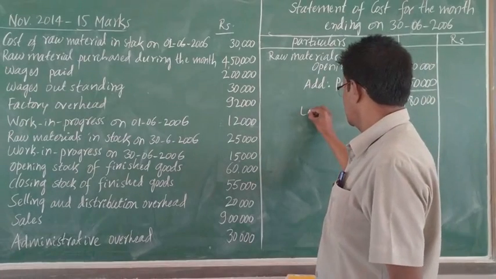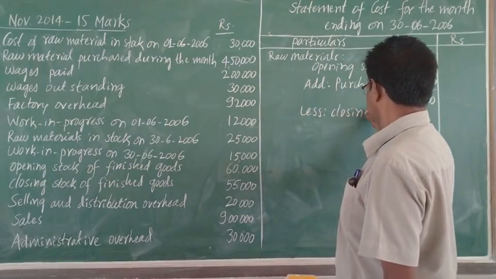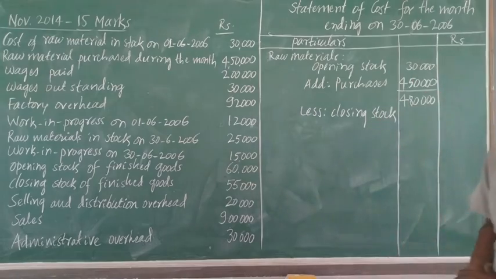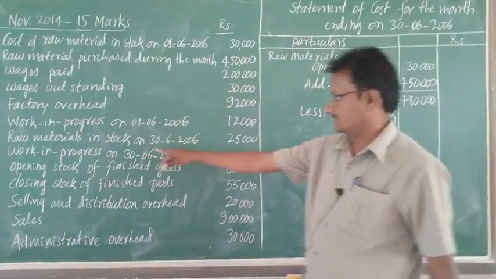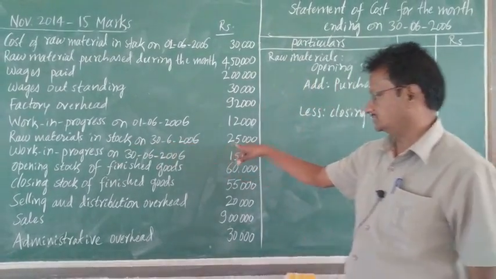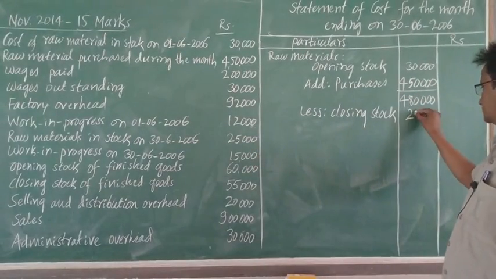Next, less closing stock of raw materials. Here closing stock of raw materials, that is raw materials on 30th June 2006, is closing stock. Here that is 25,000 rupees.